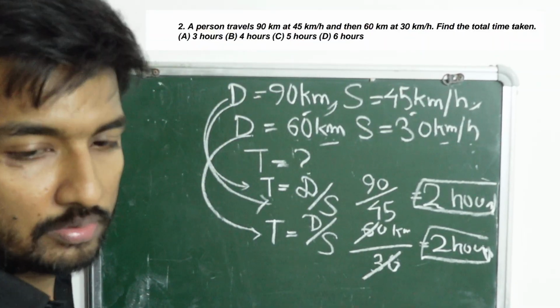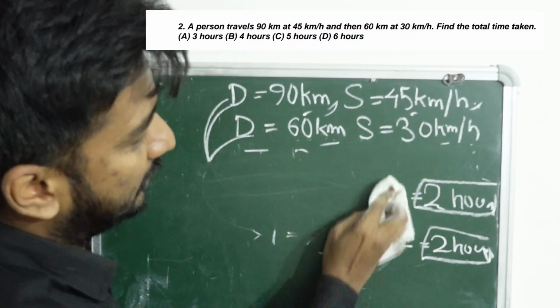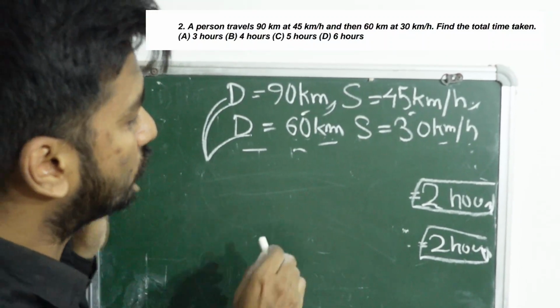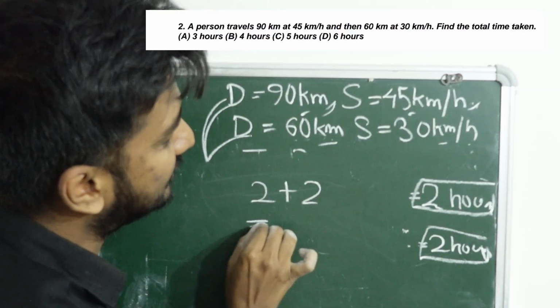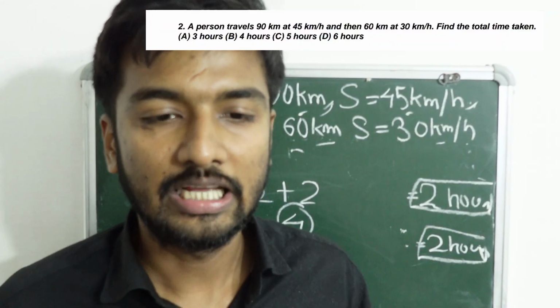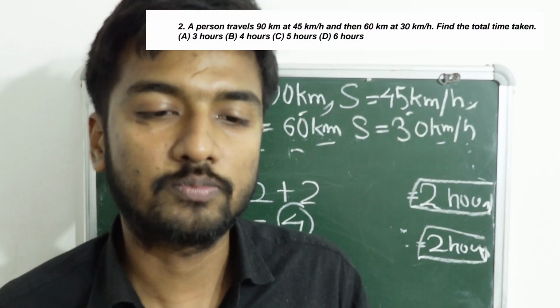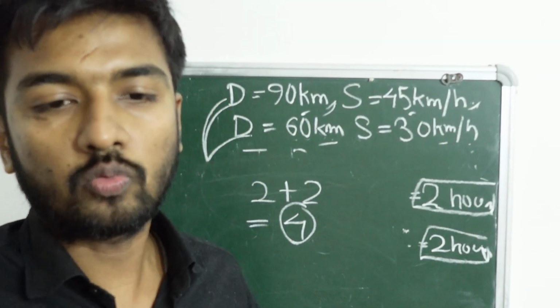Part 1 took 2 hours plus 2 hours, what is this? 4 hours. And what will be the correct answer to this question? It is 4 hours. What is the option? It is B, 4 hours.